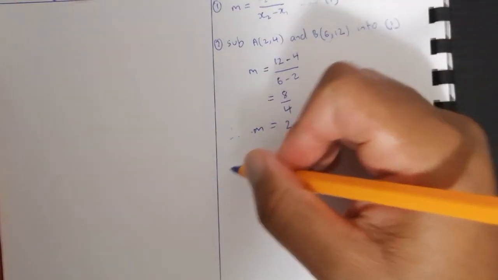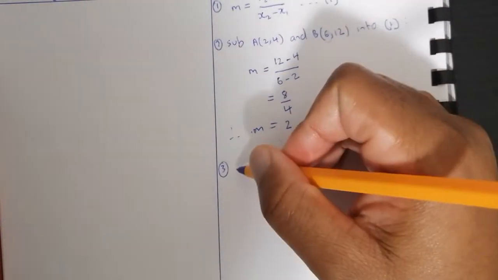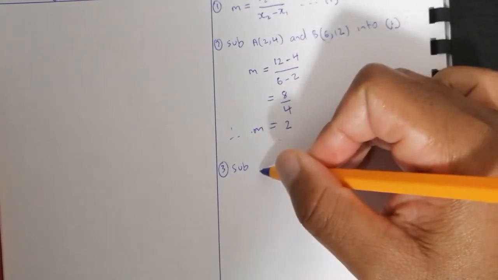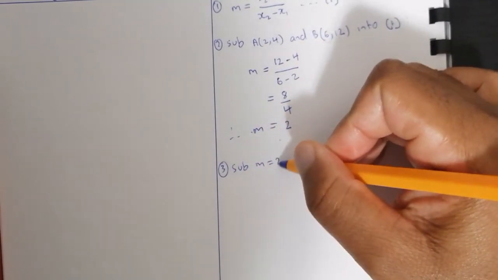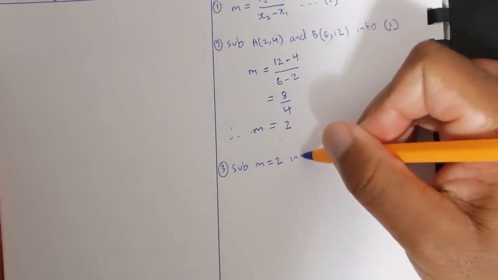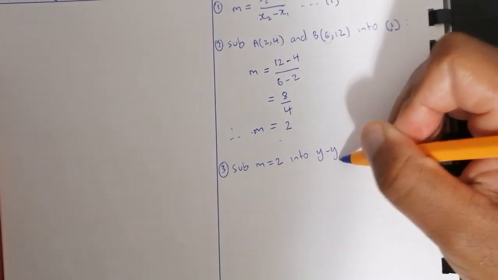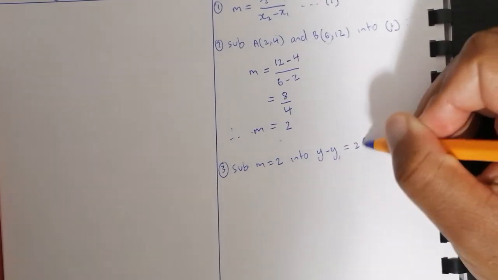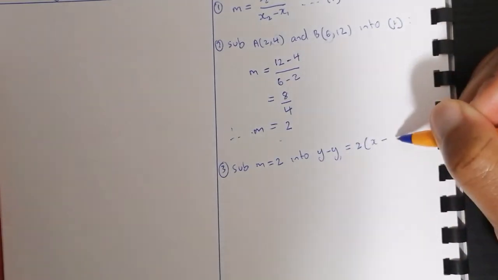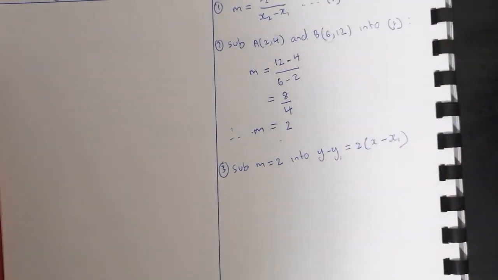Now, the next step is to just substitute m equals 2 into our formula. So y minus y1 equals 2 times x minus x1.